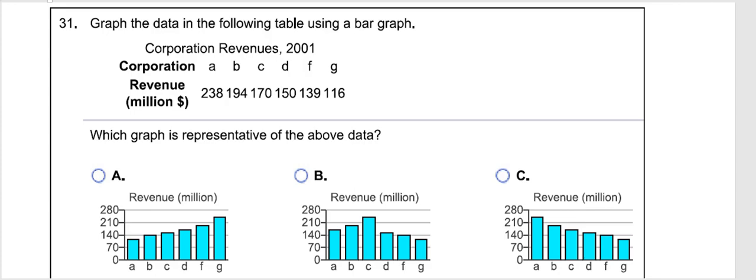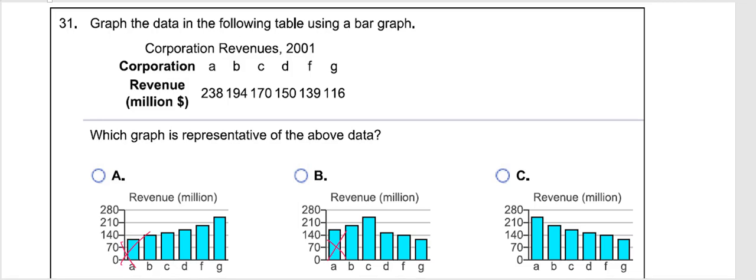Number 31, graph the data in the following table using a bar graph. So number 31, you have groups A through G. Those are going to be down here on the x-axis. And then the revenue, okay, what graph depicts that? 238 for A. No. 238, yes.